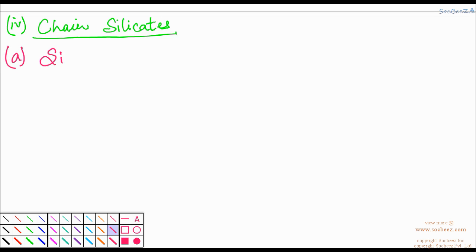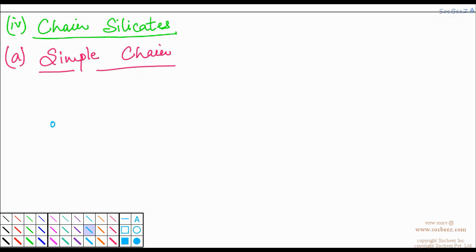Okay, now there is one more form of silicate, that is called the chain silicates. Okay, these are the chain silicates. Chain silicates are further classified into two types. The first type is a simple chain, and the next type is a double chain. The example of simple chain molecules are like this.